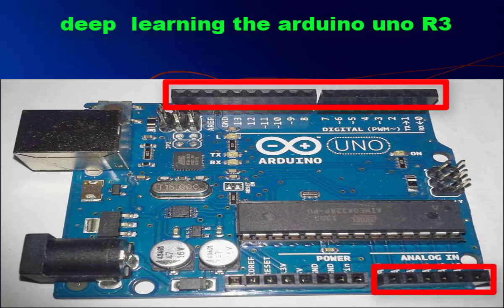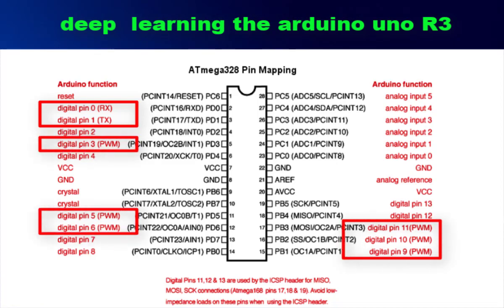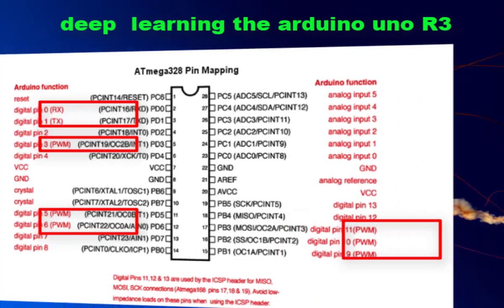Not only are they used for digital input or output signals, but some of them are used for secondary purposes, depending on how you program the Arduino. Digital sockets 0 and 1 are also used as the receiver and transmitter lines for the serial UART. Digital sockets 3, 5, 6, 9, 10, and 11 are used for PWM outputs.